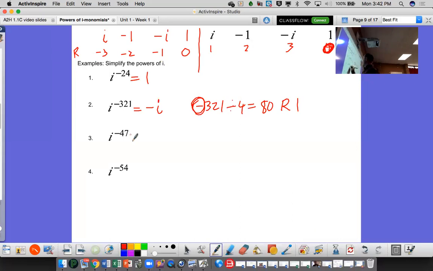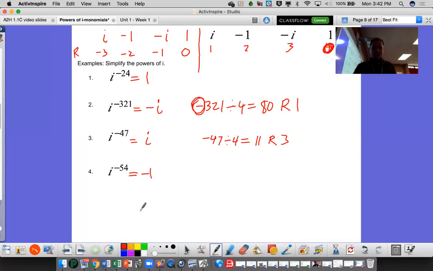Here, if we divide this by 4, we're going to get 11, remainder 3. And since it's a -47, we're going to come over here and we're going to find our -3 remainder, and that's an I. Okay? This is a remainder of 2, no matter how you do it. It doesn't matter. It's going to be -1, no matter what.